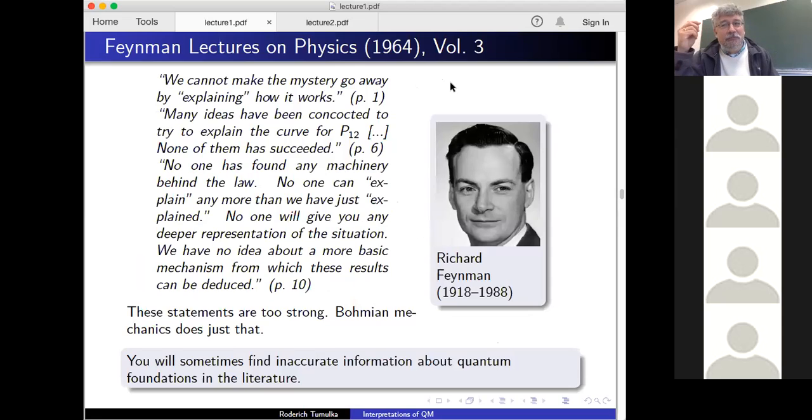Now let me connect this with what Feynman wrote in his Lectures on Physics in 1964. Volume 3 is about quantum mechanics, and the first chapter of this volume is about the double-slit experiment. He has a very nice discussion there. He explains what you would expect classically, if you had classical particles, or classical waves.